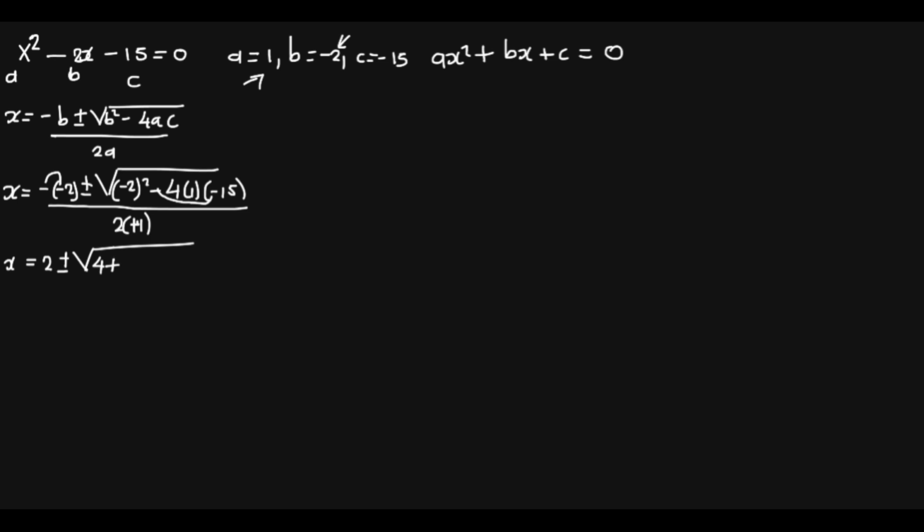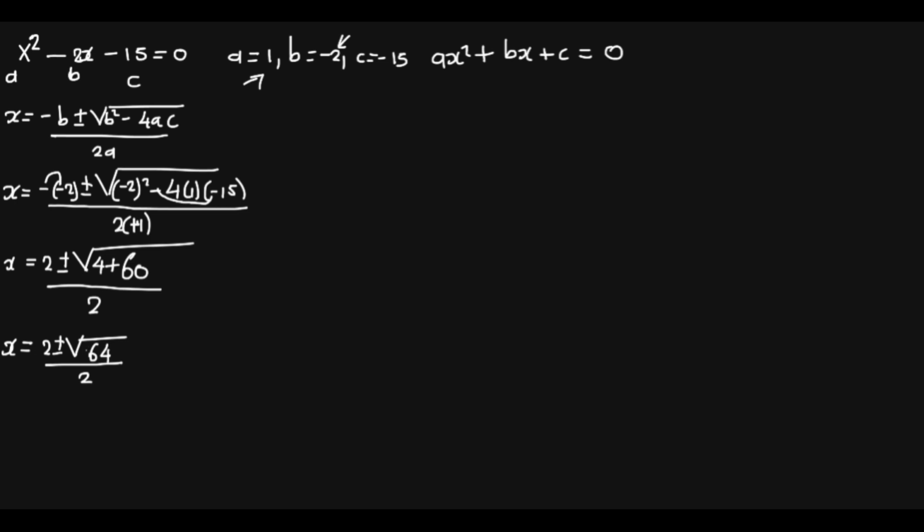If a or c has a negative sign, the negative inside the square root changes to positive. Then we can multiply: 4 times 1 is 4, times 15, that is 60, over 2 times 1 is 2. So 2 plus or minus the root of 60 plus 4, which is 64, over 2.